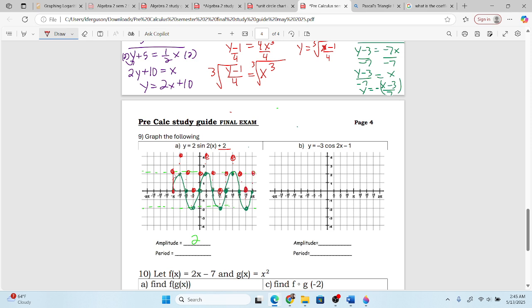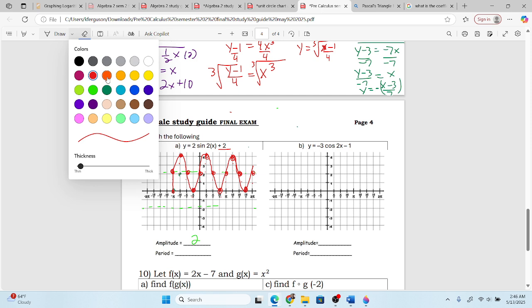So I get rid of this. That's my answer. See, the graph moved up 2.